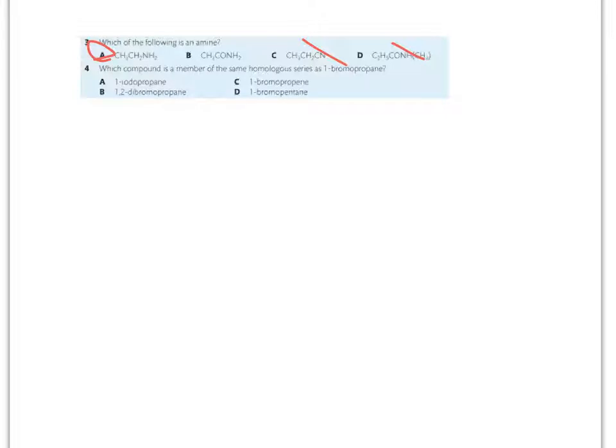Number 4, which compound is a member of the same homologous series as 1-bromopropane? So what you're looking for is a halogenoalkane.